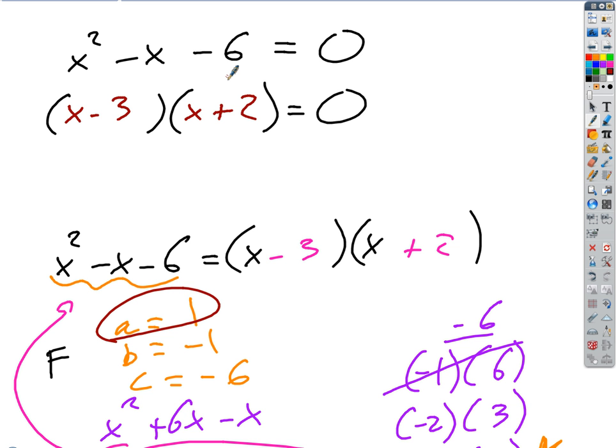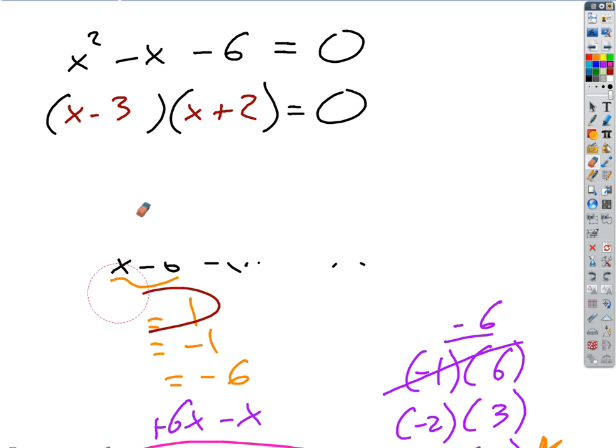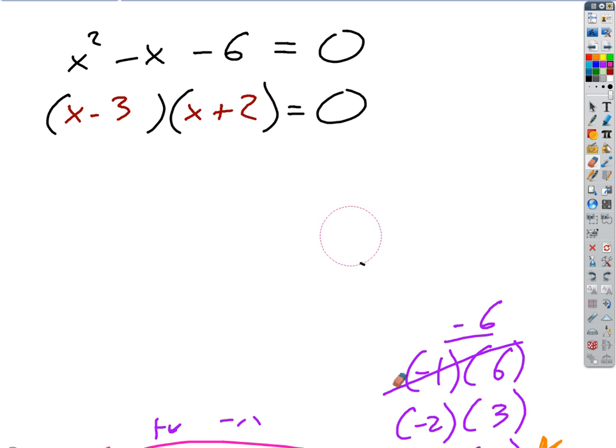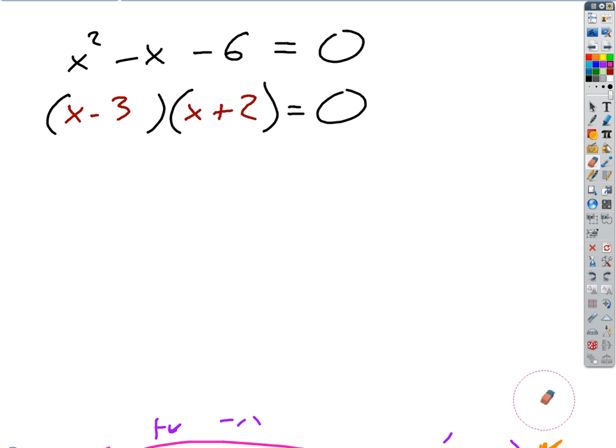Makes it easy. Look at the trade we've made here. I'm just going to erase this junk for now so it's not cluttering things up. But look what we're able to do. We're able to trade that one big quadratic equation for 2 nice small linear equations.